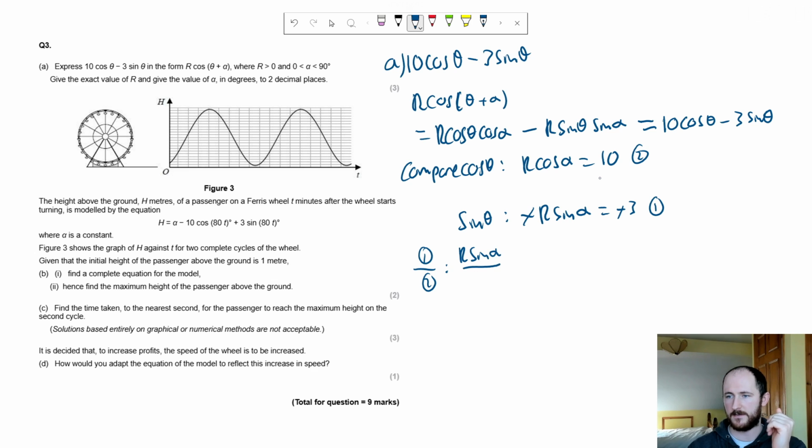You get r sine alpha over r cos alpha equals 3 over 10. The r's, of course, cancel out because there's r on top and bottom. Sine over cos is tan, so we get tan alpha equals 3 over 10, which means if you use your calculator, alpha equals something. So let's grab our calculator.